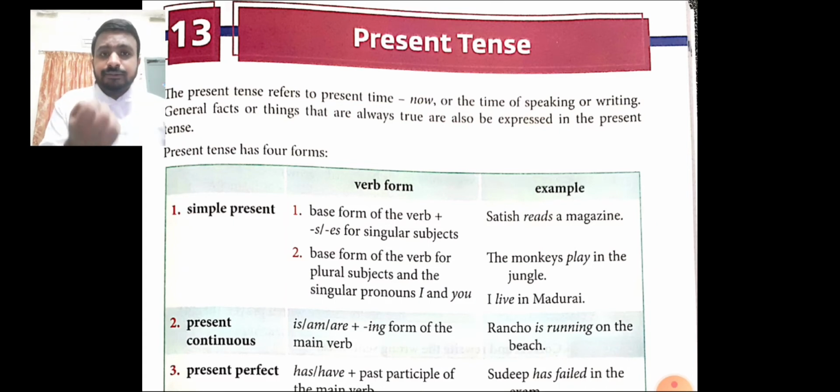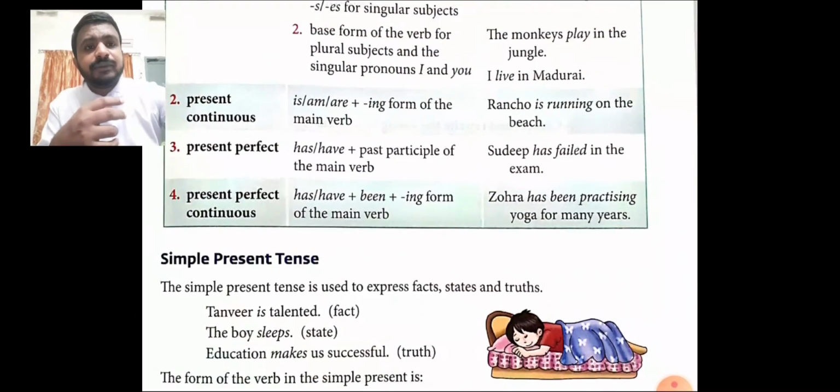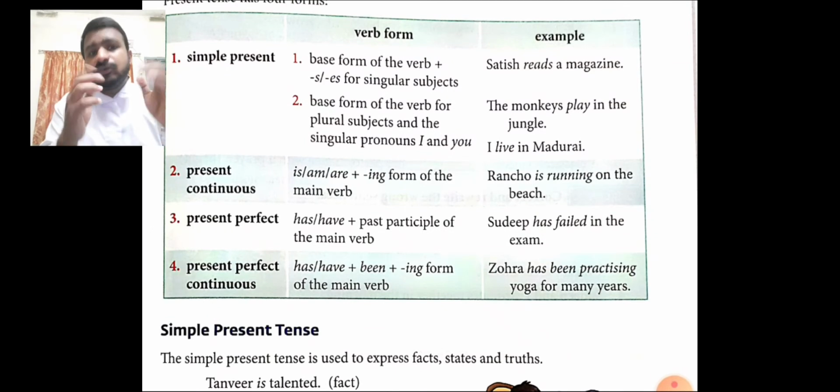Now, in that column the forms plus the examples are given, but we shall see about these forms separately. For example, we shall first do the simple present tense. First of all, let us see what is the rule of simple present tense.